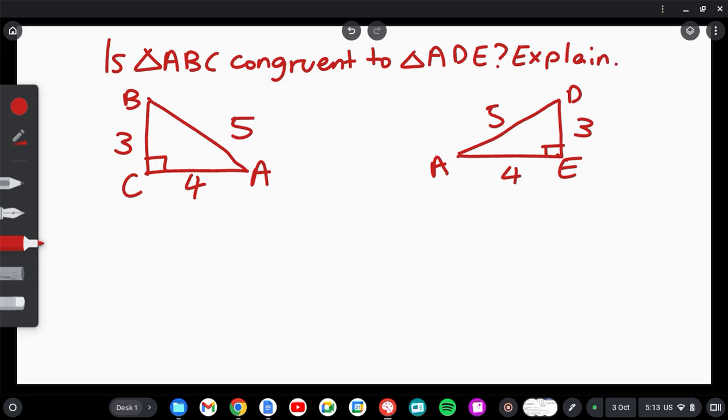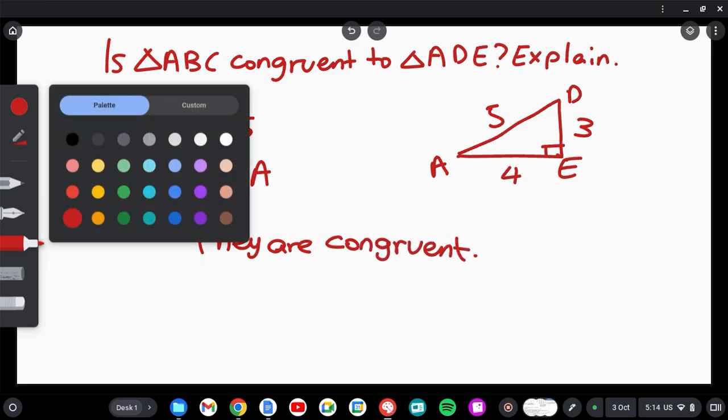Now, they are congruent. You must write this. They are congruent. This is your final statement.